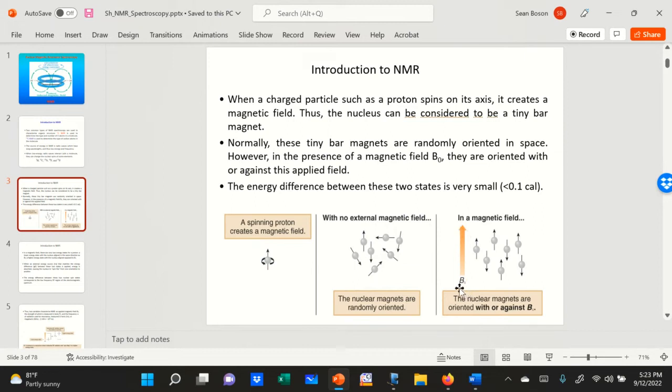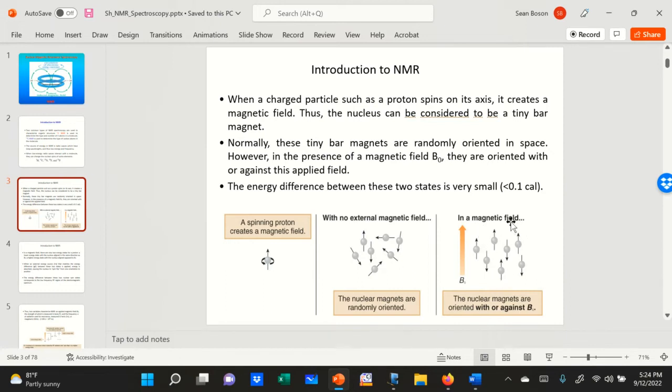The external magnetic field is denoted by B naught. Here you see this orange arrow that refers to the external magnetic field as well as its direction, because a magnetic field is bound to have its own direction as well. So here we are seeing two groups of nuclei under this field. Some are aligned along, some are aligned against.